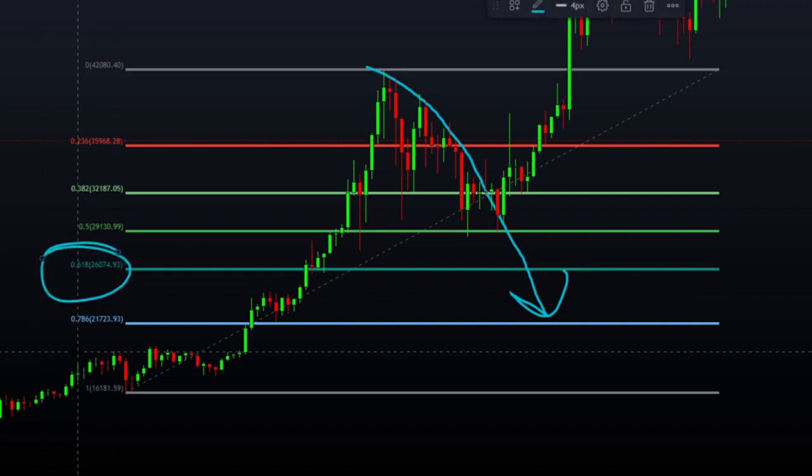So you can also use this Fibonacci retracement as a way of deciding when you want to exit an uptrend. And there are many more ways to use the Fibonacci retracement. There are tons of trading strategies, and as I said, many times you want to combine it with other tools as well. But these are just some basics here.